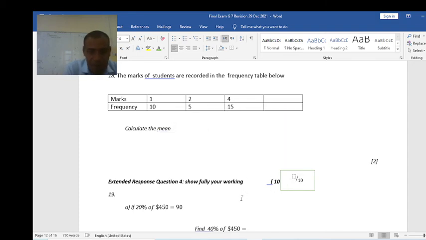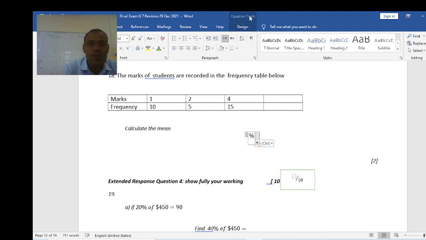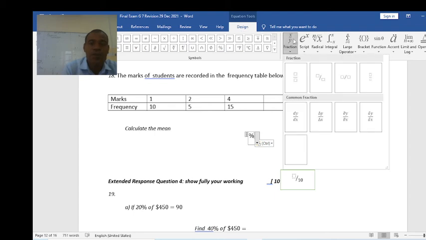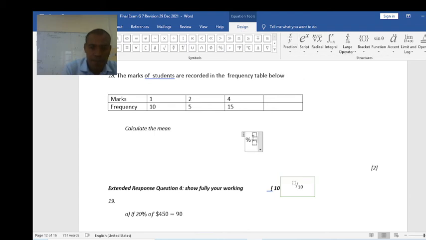Where is it? Okay, I will use this one. Copy. Okay, move to equation. Equation tools. Yes. Okay. That's what I'm looking for.